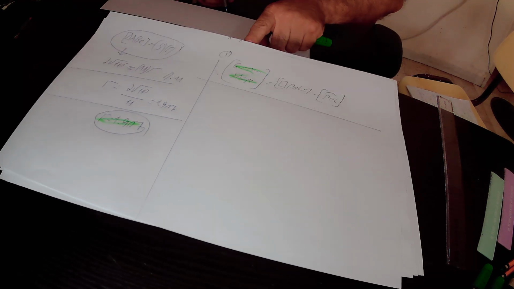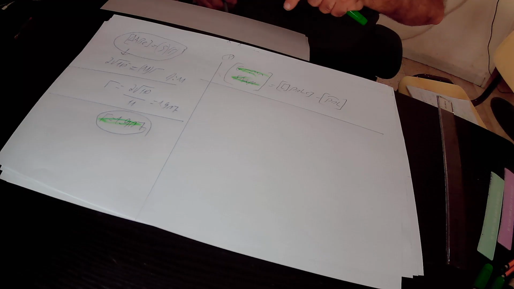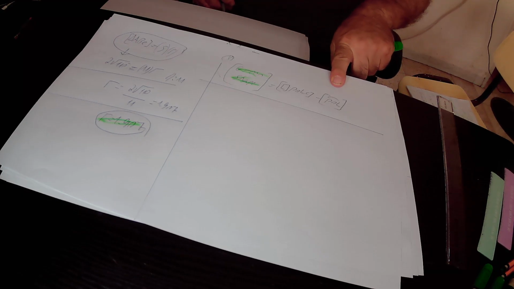The rounded line above POL is the sign for a sector. It means sector POL.